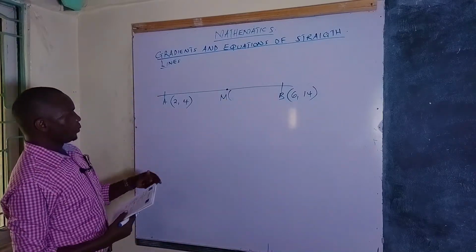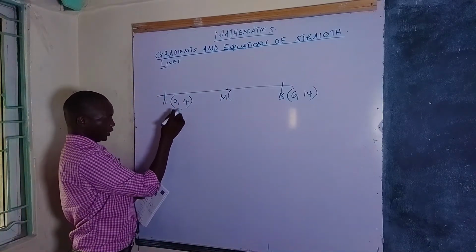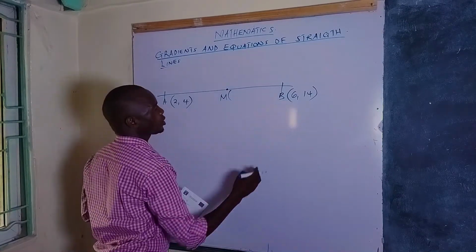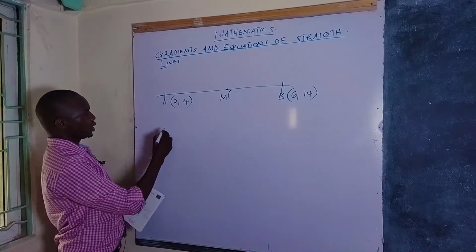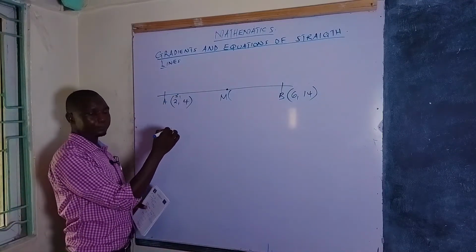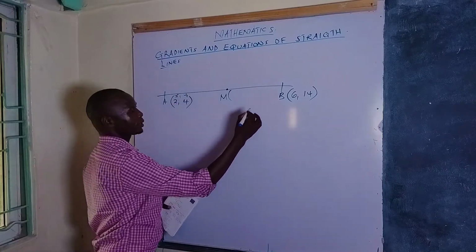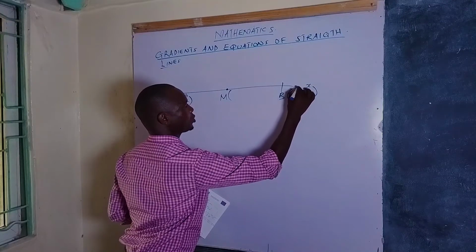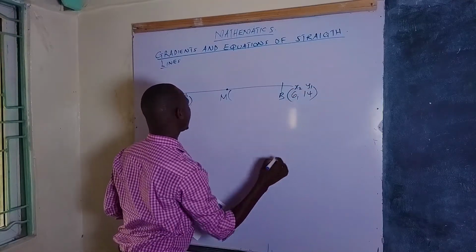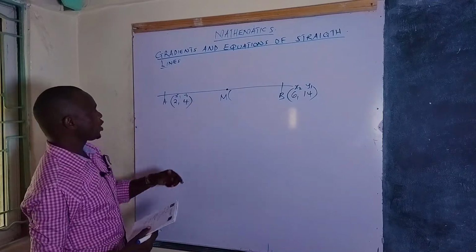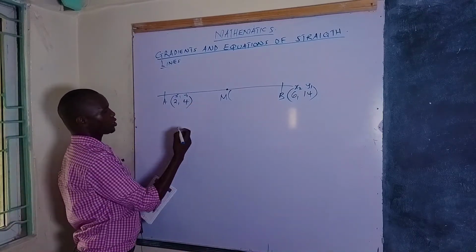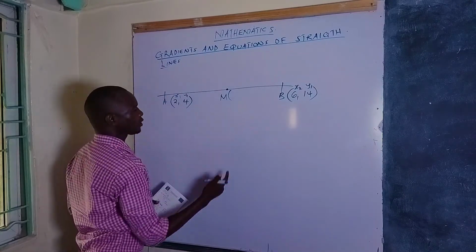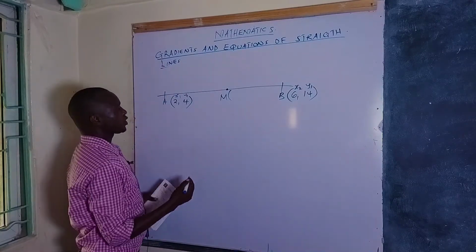To get the midpoint, this is point A, which is fully described by x and y coordinates. B also has x and y coordinates. Assuming we say this is x1 and this is our y1, this is our x2 and this is our y2, and you want to find the midpoint of that line, which is the coordinates of M. It is simply the average of the sum of the x values and the average of the sum of the y values.